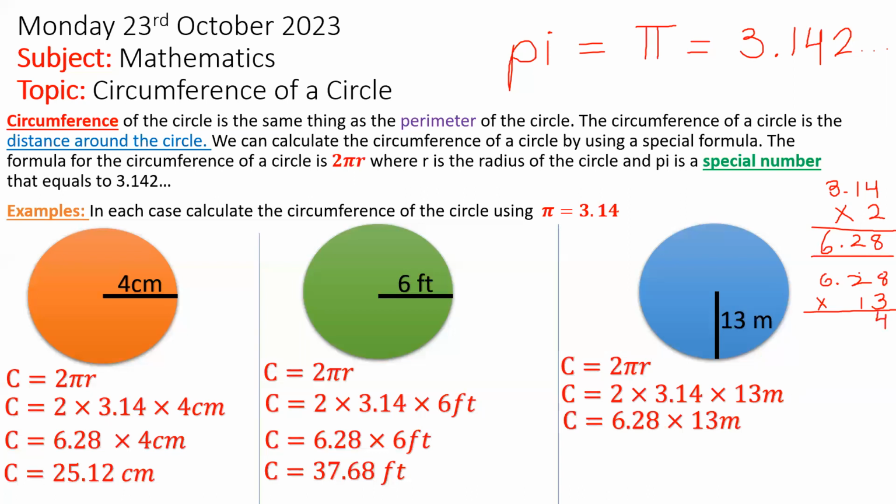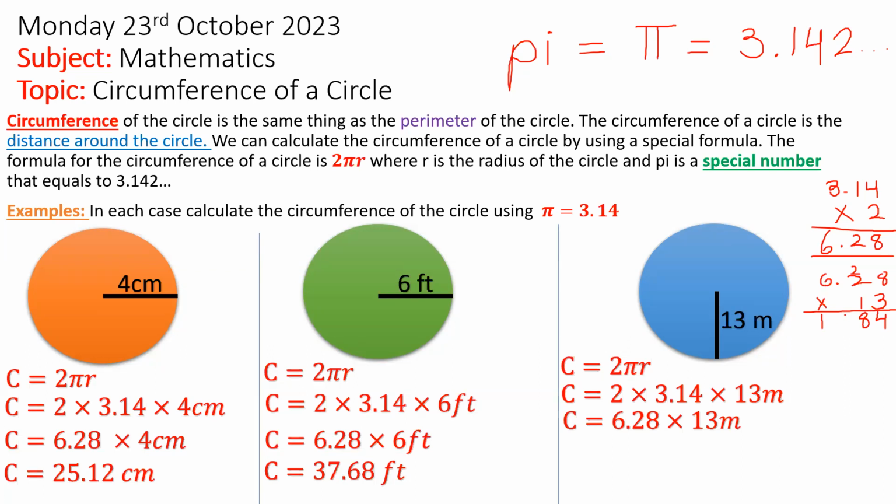Put the 4 down, put the 2 up. 3 times 2 is 6. 6 plus 2 is 8. 3 times 6 is 18.